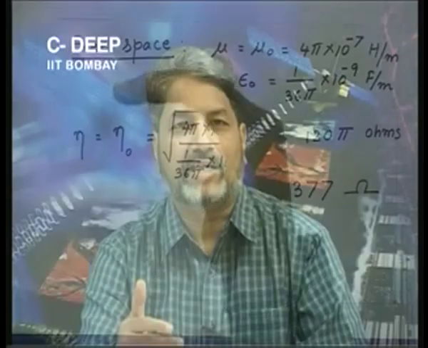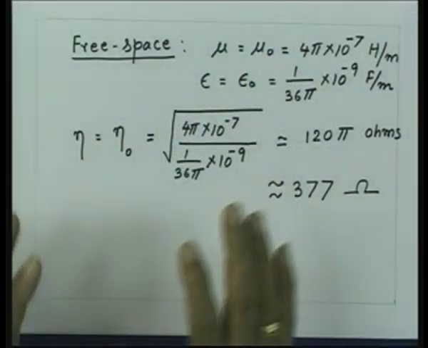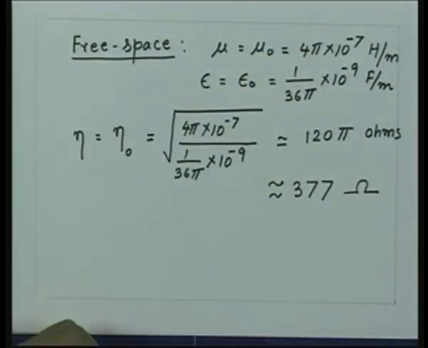So, the space appears like a resistance which consumes power. So, if I see from the system point of view which was generating a wave, the wave was given from system to the space. So, the space has consumed the power. So, the power was given to a resistance which is of a value 120 pi or 377 ohms.